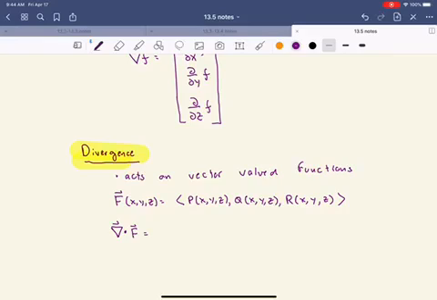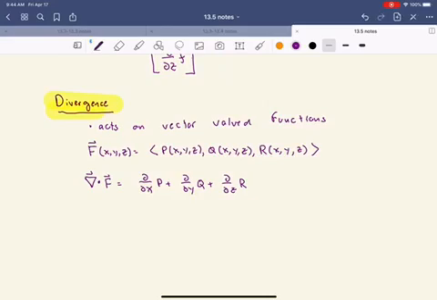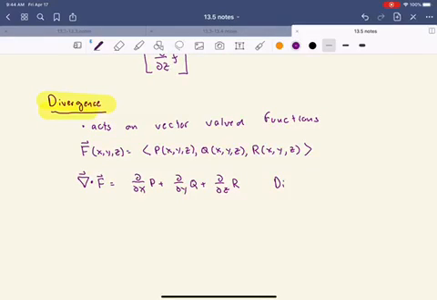So that's going to be partial with respect to x of p plus partial with respect to y of q plus partial with respect to z of r. Okay. You might also see that written as the divergence of f.